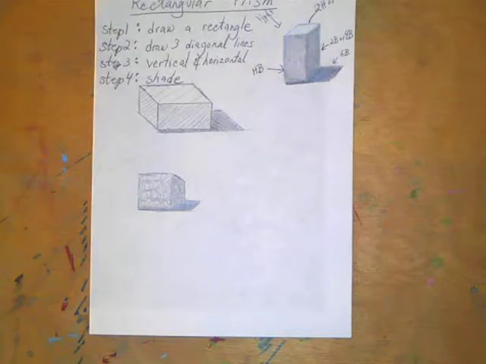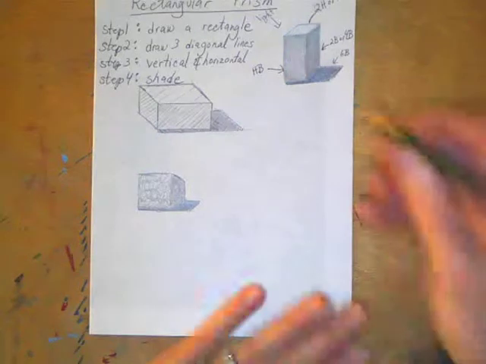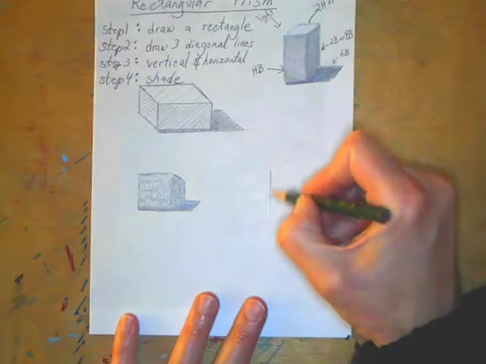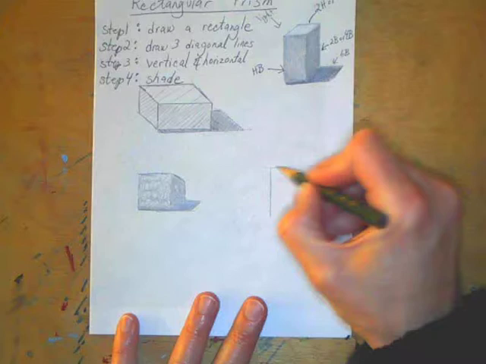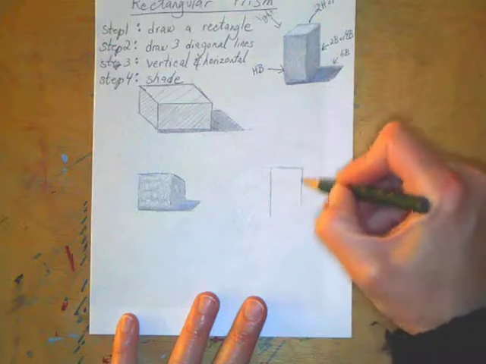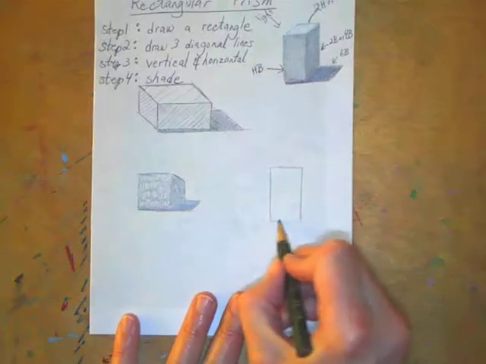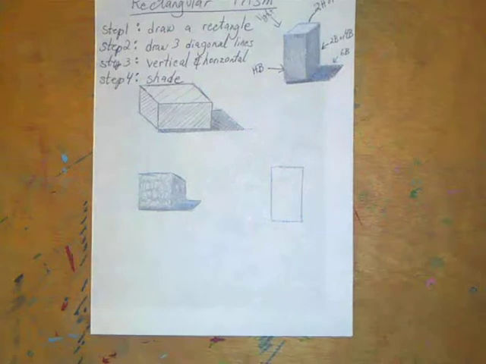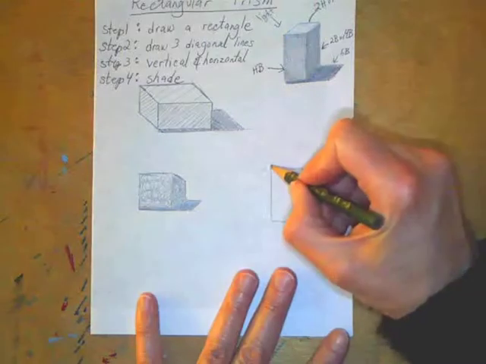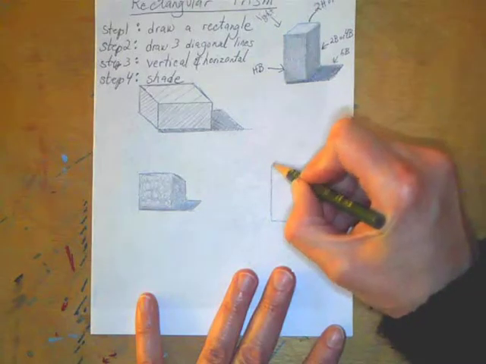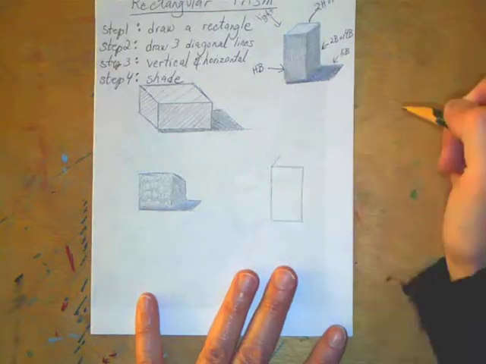Now, next box rectangular prism we're going to draw is where you see the front and top. So we're going to draw a rectangular prism. Draw a rectangle. Now if I see the top, then I only need two diagonal lines.